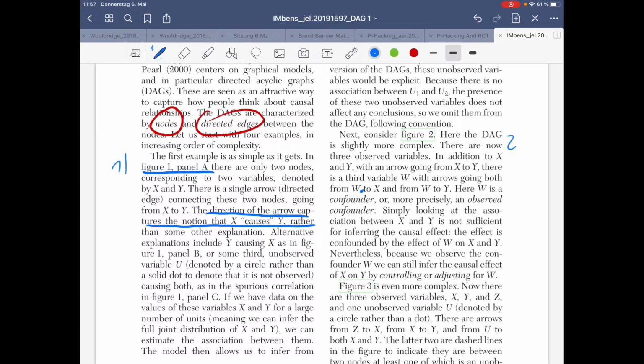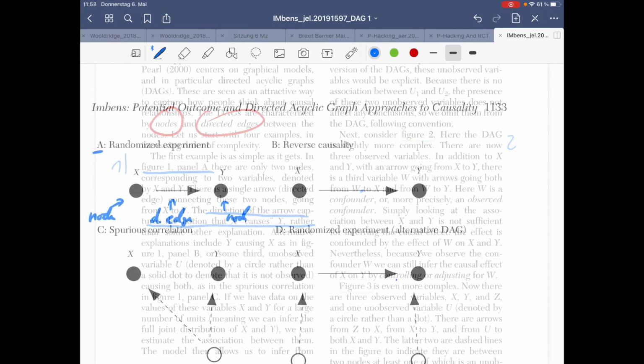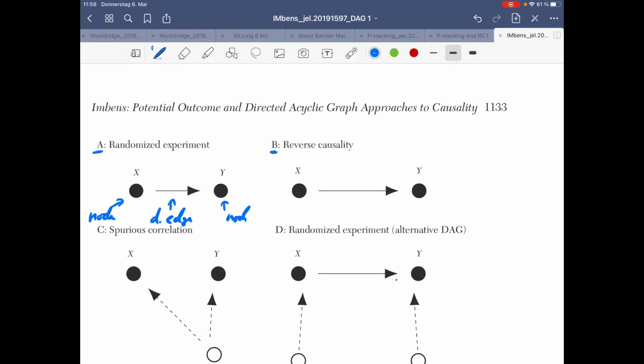So alternative explanations include that y causes x, as in figure 1 panel B. Check that. So this is B in figure 1, and this arrow here, this directed edge, stands for that the causality could go either this way or the other way around. That's what we call reverse causality.